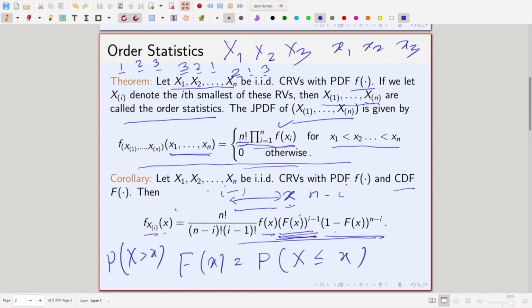That's when x will be the ith minimum: if i minus 1 are less than that and n minus i are greater than that.